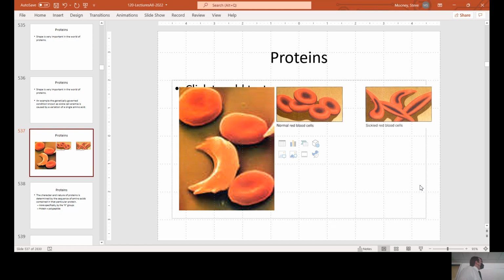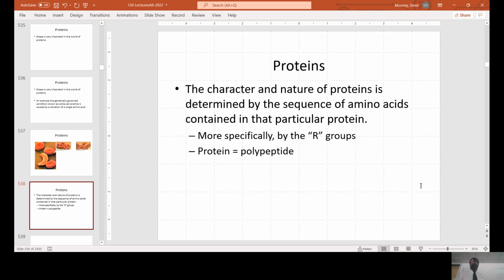And that's going to influence its ability to carry oxygen, which is going to be a negative. It's going to influence the ability to fight malaria. They seem to do better fighting malaria. So there are positives and negatives associated with mutations. We see how they all work.